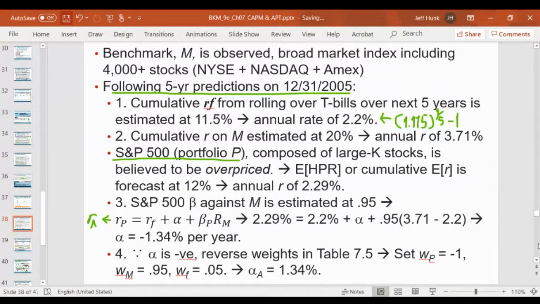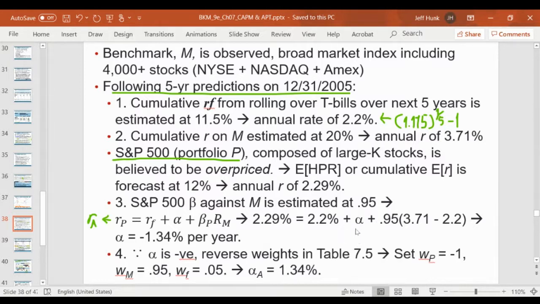But then, this is the risk-free return, and the regression result they are talking about there is alpha.